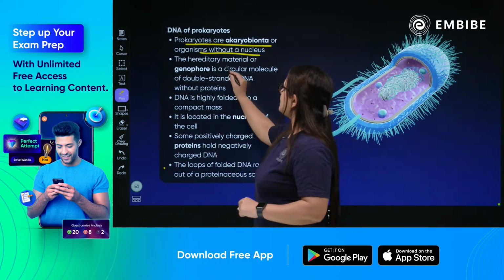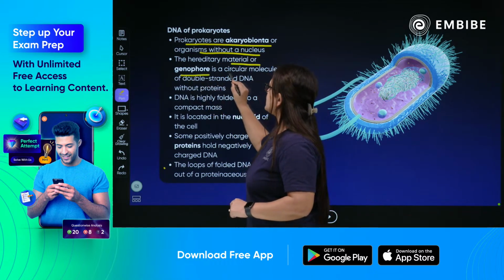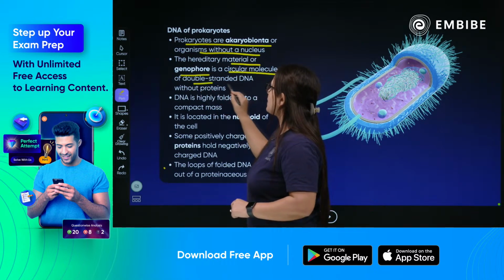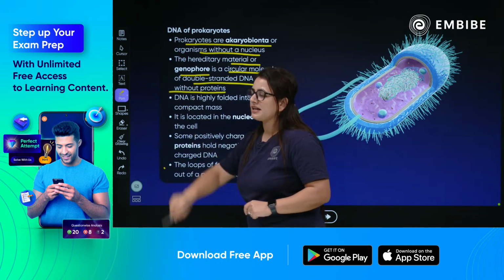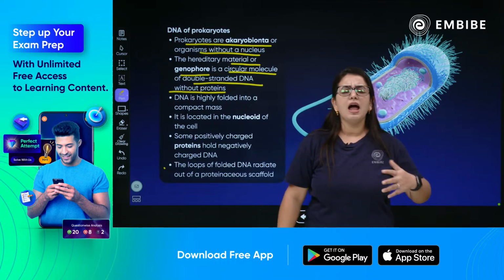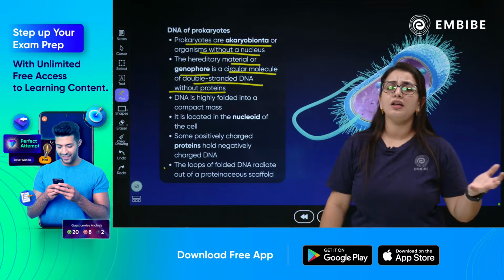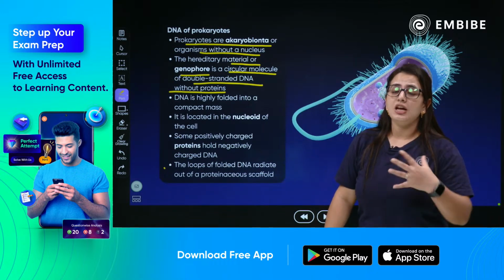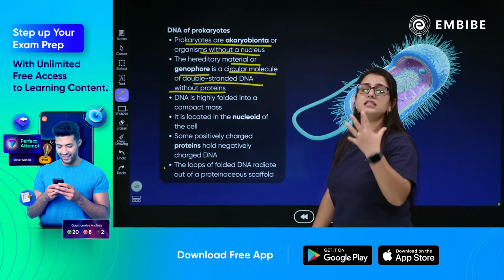The hereditary material or genophore is a circular molecule of a double-stranded DNA without proteins. Since the prokaryotes are very primitive and do not have a complex body organization, their genetic material is typically circular.